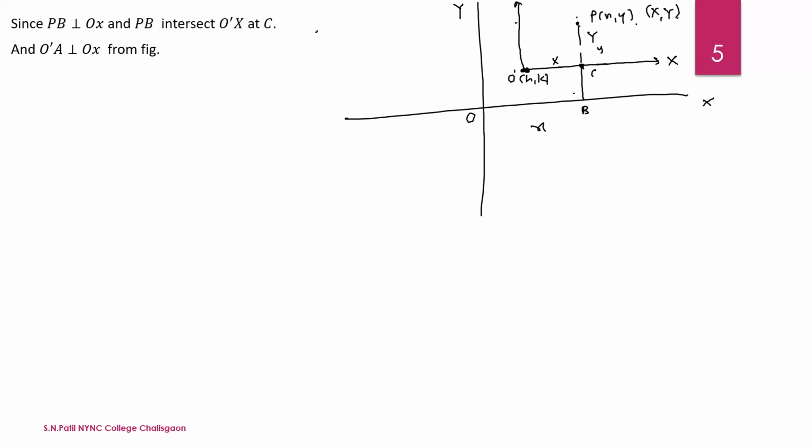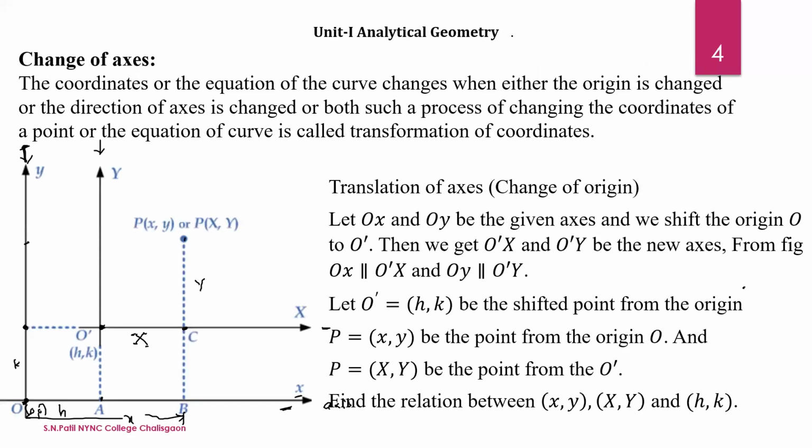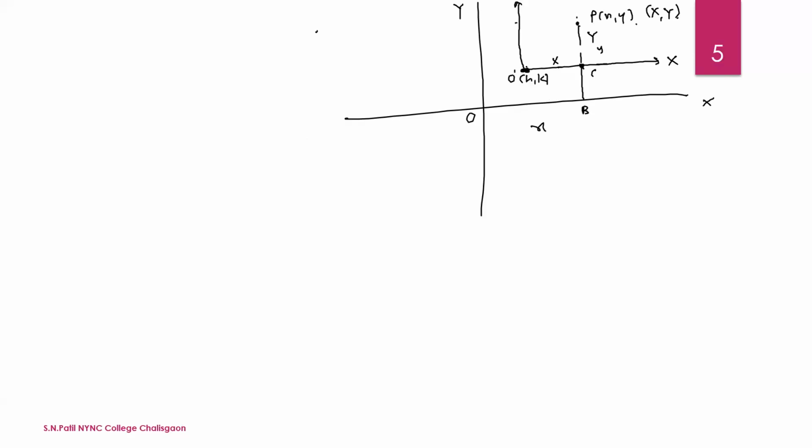Now PB is perpendicular to OX, and O dash A is perpendicular to OX.